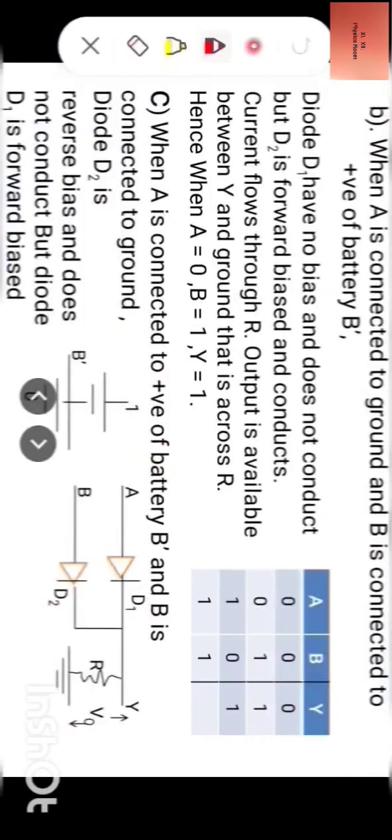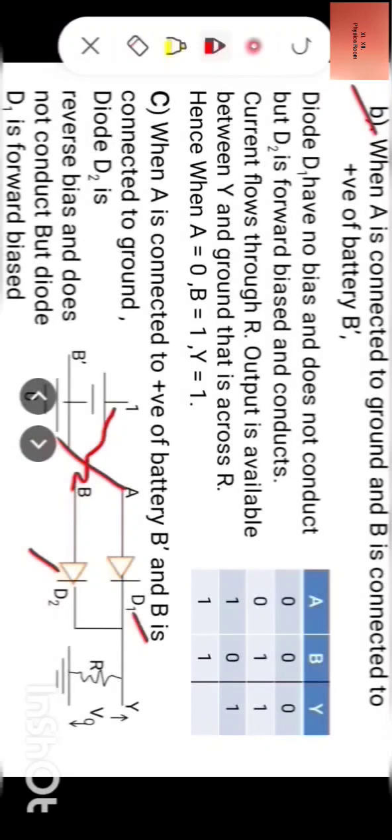Okay. Now B, second step. When A is connected to ground and B is connected to positive of battery B dash, diode D1 has no bias and does not conduct, but D2 is forward biased and conducts.